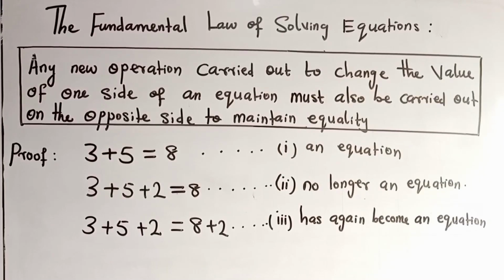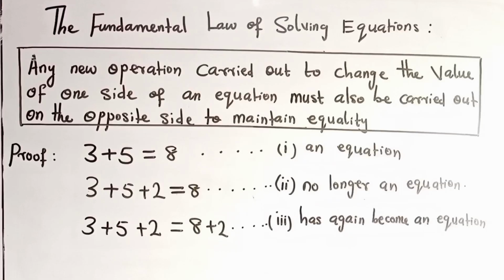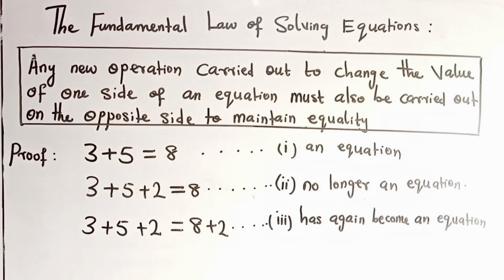The fundamental law of solving an equation, as you can see on the board, states: any new operation carried out to change the value of one side of an equation must also be carried out on the opposite side to maintain equality. What does this mean?